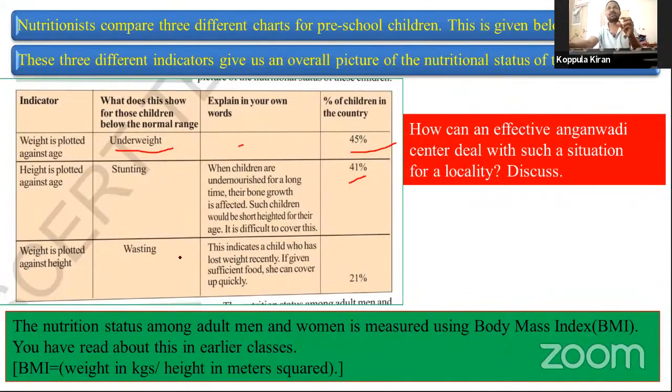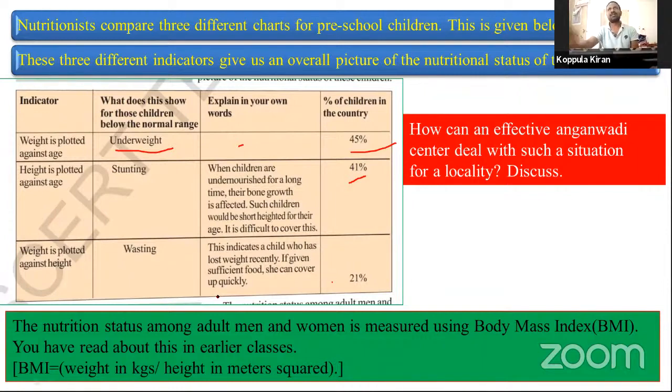In our Telugu, బక్కగా ఉండటం. So if you give nutritional food, they are able to gain weight and height easily. Physical growth is possible. This percentage of children is 21% of the country.